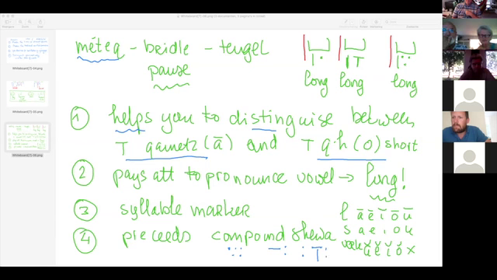This is the O sound. This is the E or I sound. This is the A sound, and this is the A, E sound. Very short. Elohim. You don't say Elohim. It's short. So the metek can precede the compound shava.